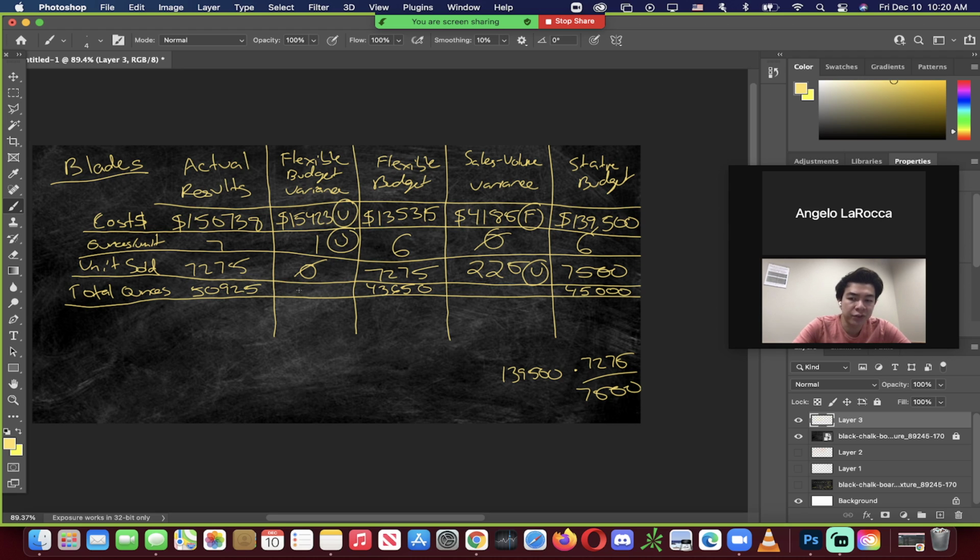Now we have to do the ounces variance. Is that correct? Yes, that's correct. This is unfavorable because ounces are increasing, which means there's more material we're using in production. And the other one is 1,350, and that's favorable because we're using less material compared to the static budget.